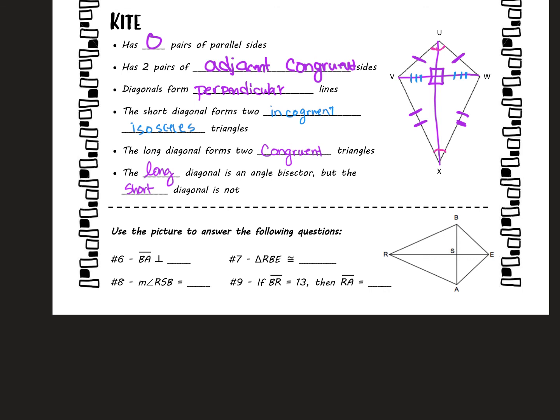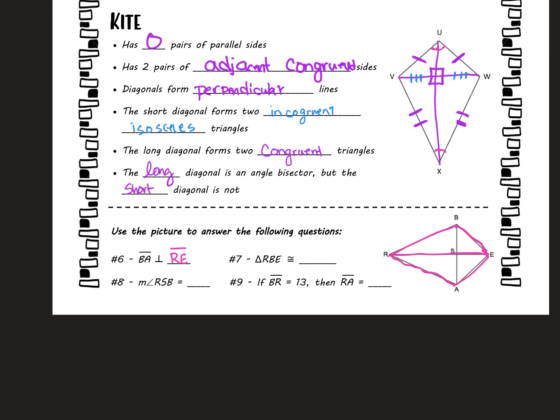All right, so if BA is perpendicular to what? So BA is one diagonal, so it has to be perpendicular to the other diagonal, RE. And then the next one says triangle RBE, so R to B to E. You're looking at this. Is going to be congruent to what? Well, you're just going to read it upside down.